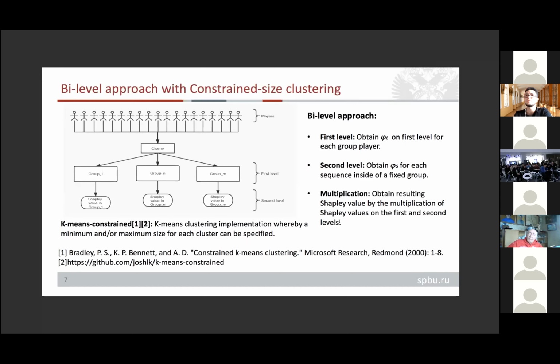Very shortly, how do we measure the effectiveness of this approach? We should compare the Shapley values for the whole game, where we take the 30 features and calculate the Shapley value for each of them, with the results of the bi-level method. The aim of the bi-level method is to reduce the computational complexity, not to use the bi-level method by itself.